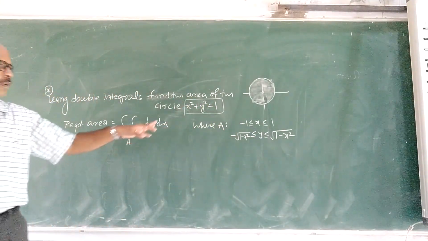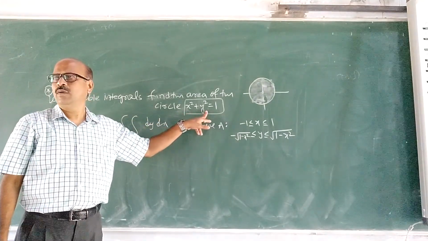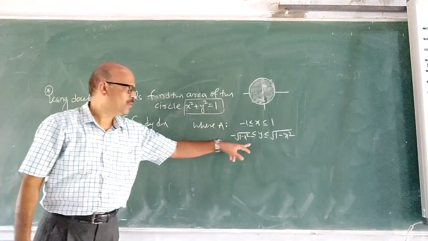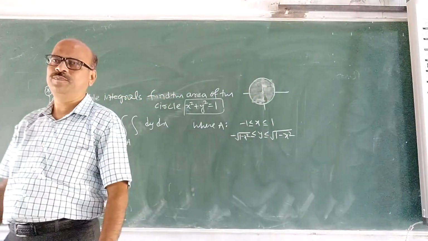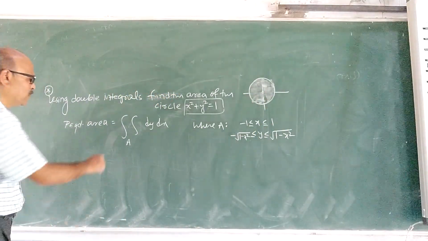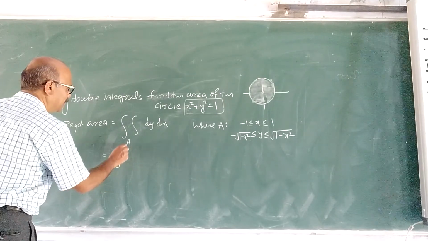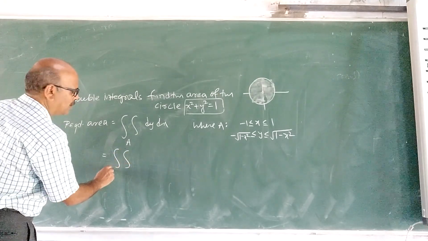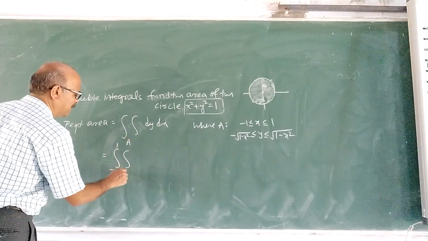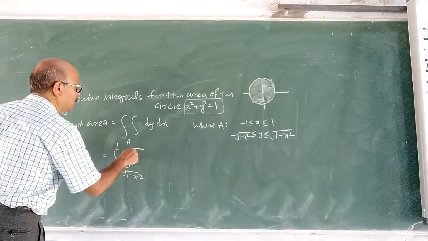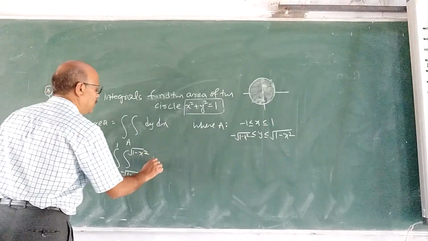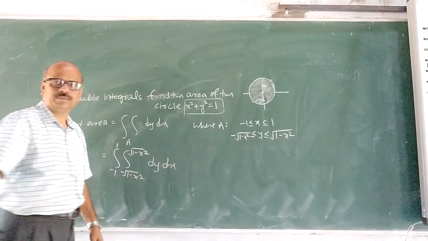You have to solve for y here. y square is 1 minus x square, so y is plus or minus root 1 minus x square. Therefore the required area is the integral from minus 1 to 1, of y from minus root 1 minus x square to plus root 1 minus x square, dy dx.